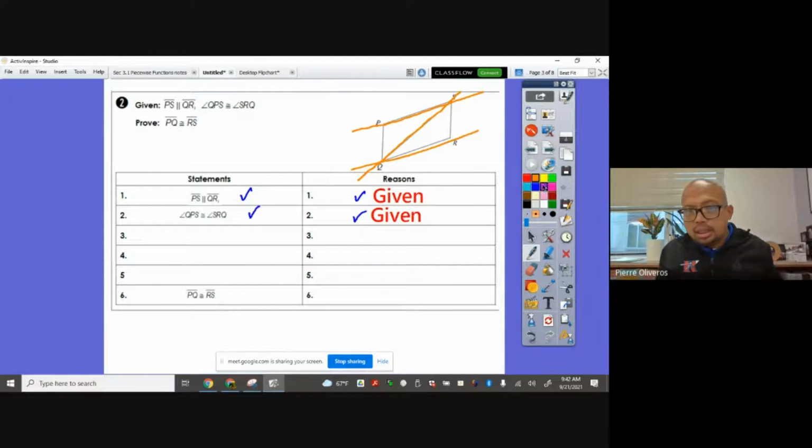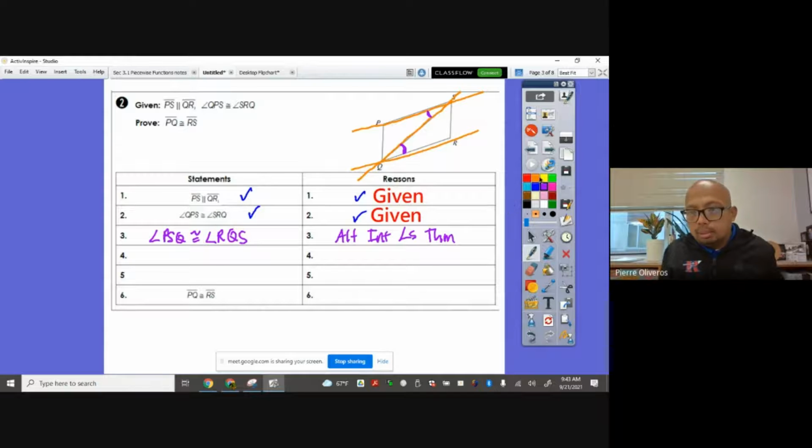So now we can see that angle PSQ, this angle here, and RQS are going to be congruent using alternate interior angles. So let me write down here that angle PSQ is congruent to angle RQS, using the alternate interior angle theorem.